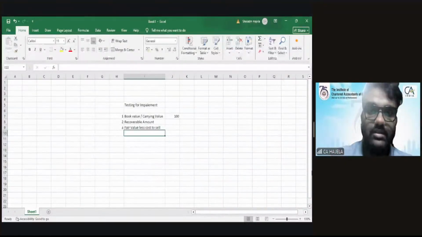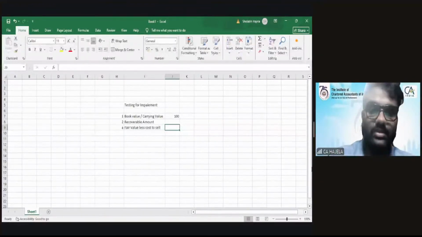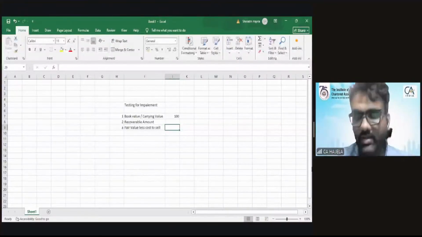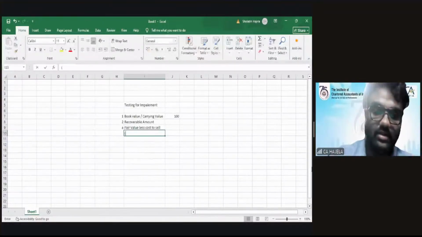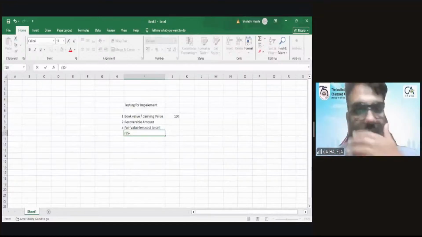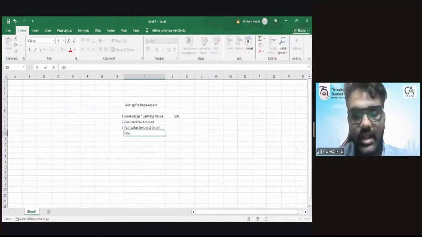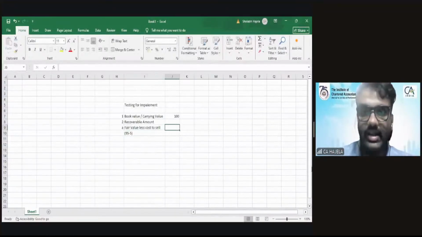Let's say if I sell it in the market today, I will get 90 rupees. So I will sell it for 95 in the market, and 5 will be the cost to sell it. Maybe I'll have to go to the market, I'll have to list it somewhere, I have to pay some brokerage, whatever. I'll be able to sell it in 90.